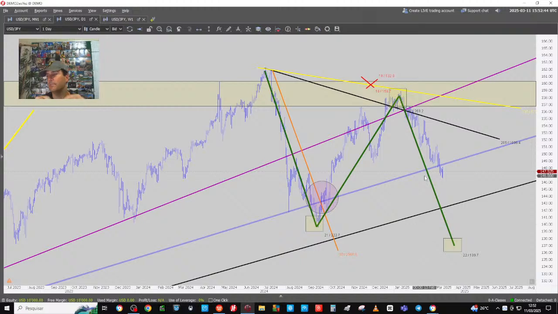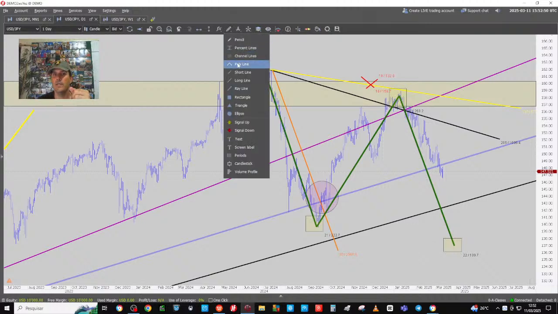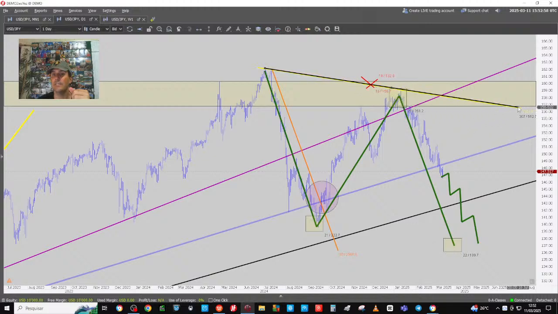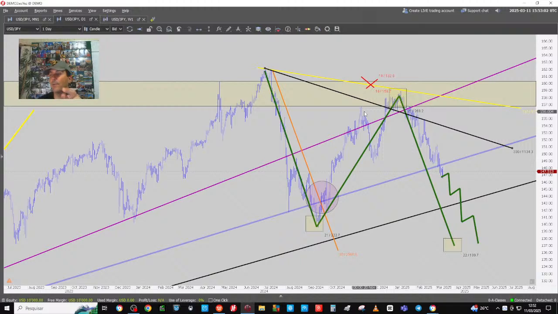Make sense, everybody? You need to practice this. It's practice. When and only when the market is going to confirm a new lower low, then we are going to take the black and readjust it to the yellow. Until then, the black stands. The black is confirmed, everybody.